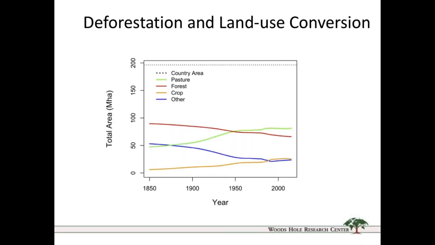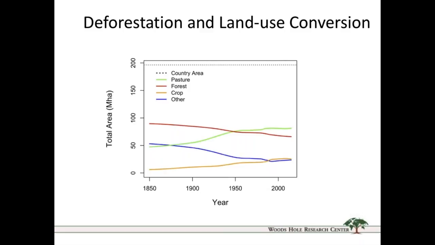Here are some examples reconstructed for Mexico, from the FAO and other sources. Not to dwell on this very much, but this is from 1850 to 2015. There's been a general reduction in the area of forest, an increase in the area of pasture, and an increase in the area of crop. This blue line is other land.